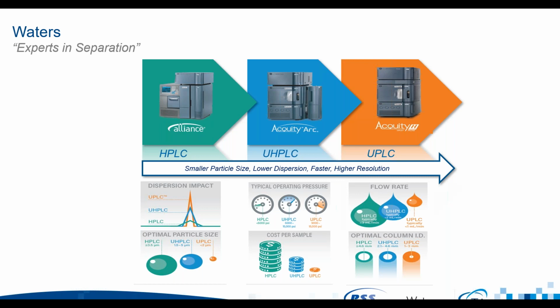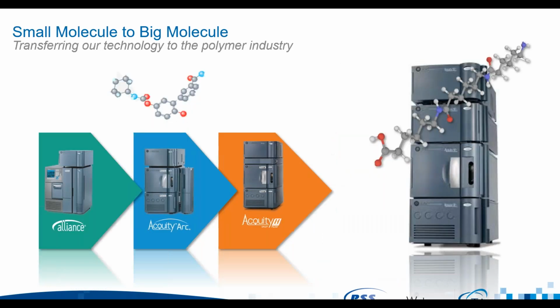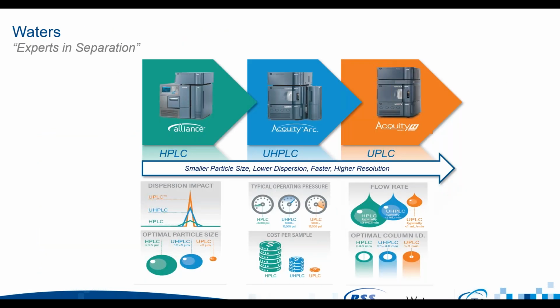And as we compare from one to the other, so as we go from left to right with our products, and obviously with the equivalents from whichever company you may buy these products from, we all have the same equivalents. We go from HPLC up to UPLC, and generally speaking, that means smaller particle sizes and lower system dispersion, which results in faster, higher resolution separations.